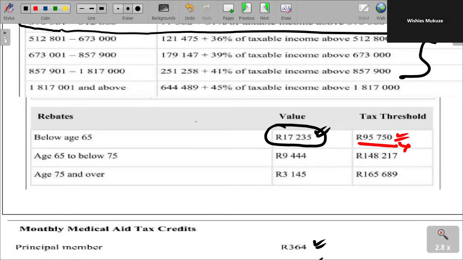Mr. Indebele is below 65 years. So after rebates, we must also subtract 17,000. 235 must be subtracted from his amount there.